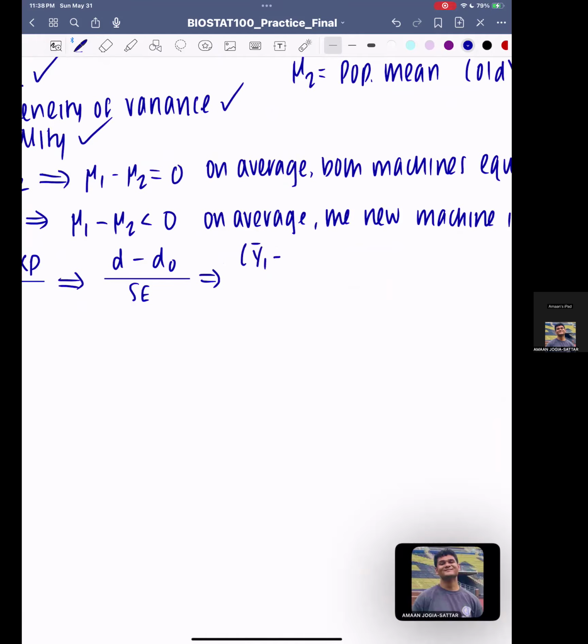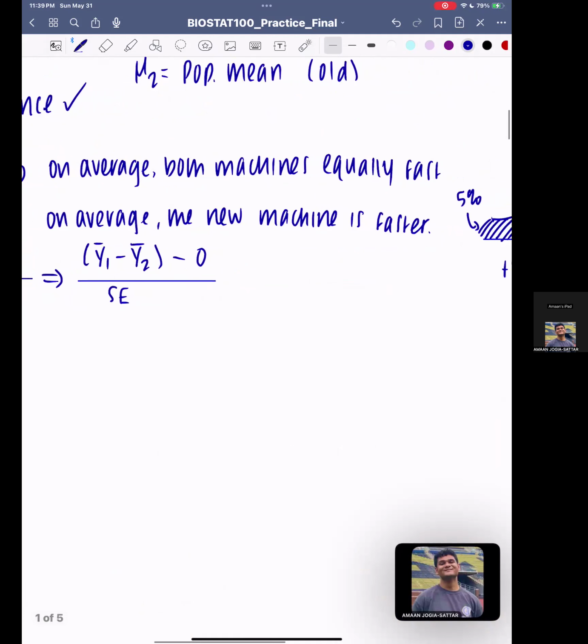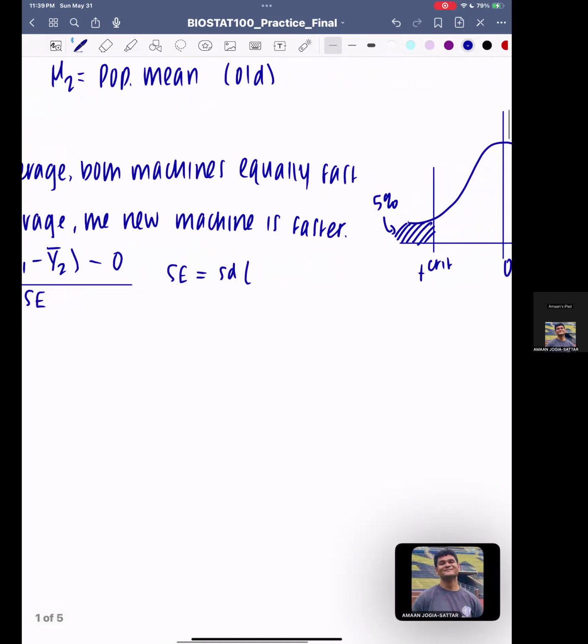So y1 bar minus y2 bar. These are our estimates for the population means. And then what's our D null value? It's 0, over our standard error. And remember, standard error is just the standard deviation of a parameter, in our case, a mean. So in our case, it's going to be the standard deviation of the difference.